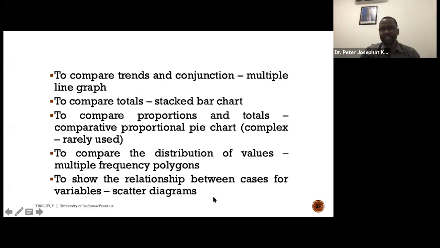You will go for the scatter diagram. Now here the question is, when is scatter diagram used? It is used when we wanted to see visually the relationship. Of course, you can have a scatter diagram, then later you can go for the advanced statistics. So here you can visualize.